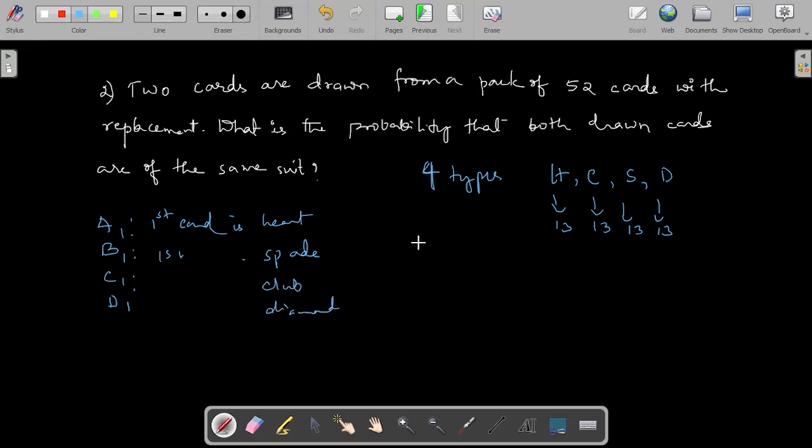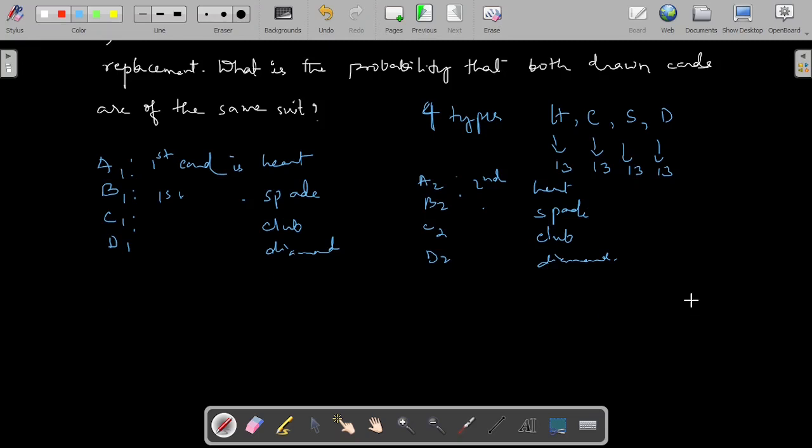Next 2 cards drawn, so A2, B2, C2, D2. Here second card is same, heart, second card is spade, second card is club, second card is diamond. So now I have to find out both cards are of the same suit. So both cards of same suit, possibilities you have to write.